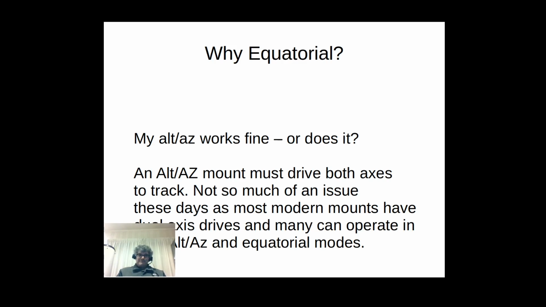So the Alt-az mount always has to drive both axes if it's going to be tracking stars. An equatorial mount can track just in one axis. If it's polar aligned, you just need a sidereal drive on the RA axis, or right ascension axis.